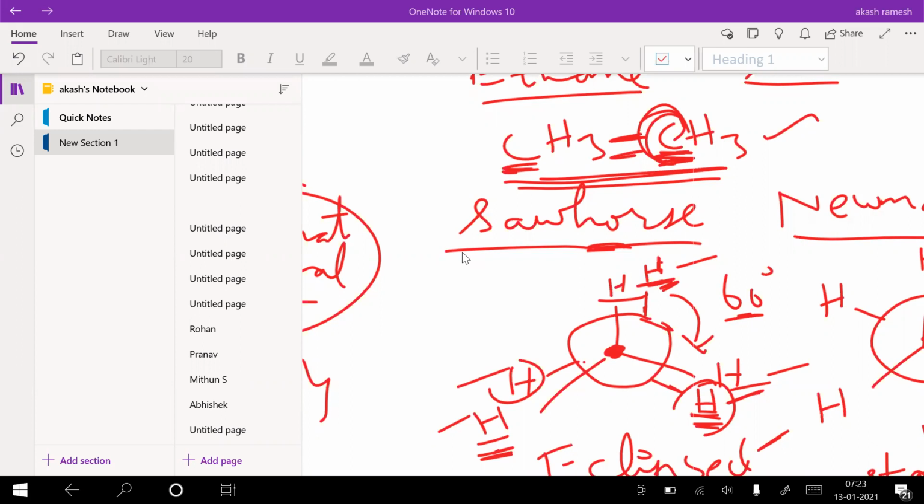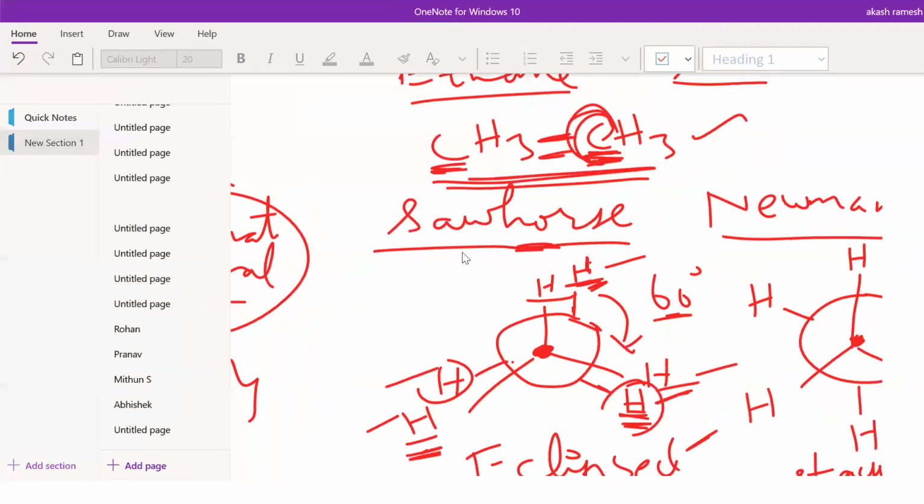Why is trans more stable? It's because of lesser repulsion between the groups, because you have increased the distance by placing them on opposite sides. Understood? Okay, fine. So the same reasons can be given here.